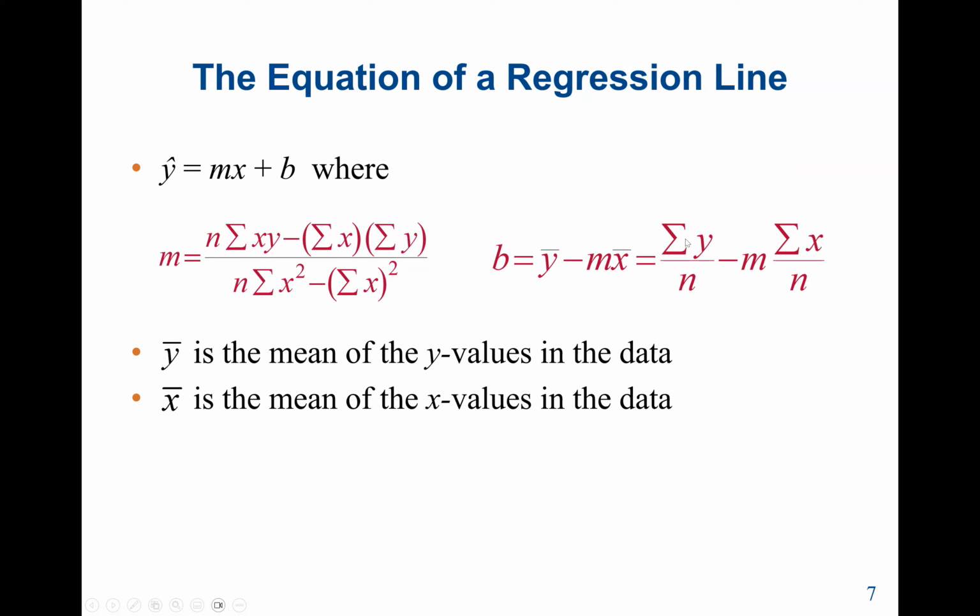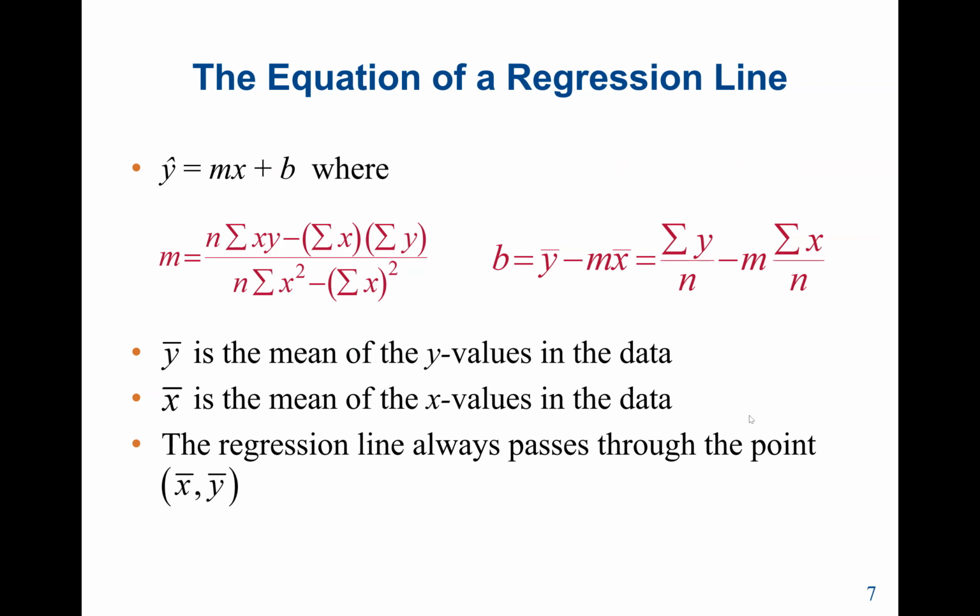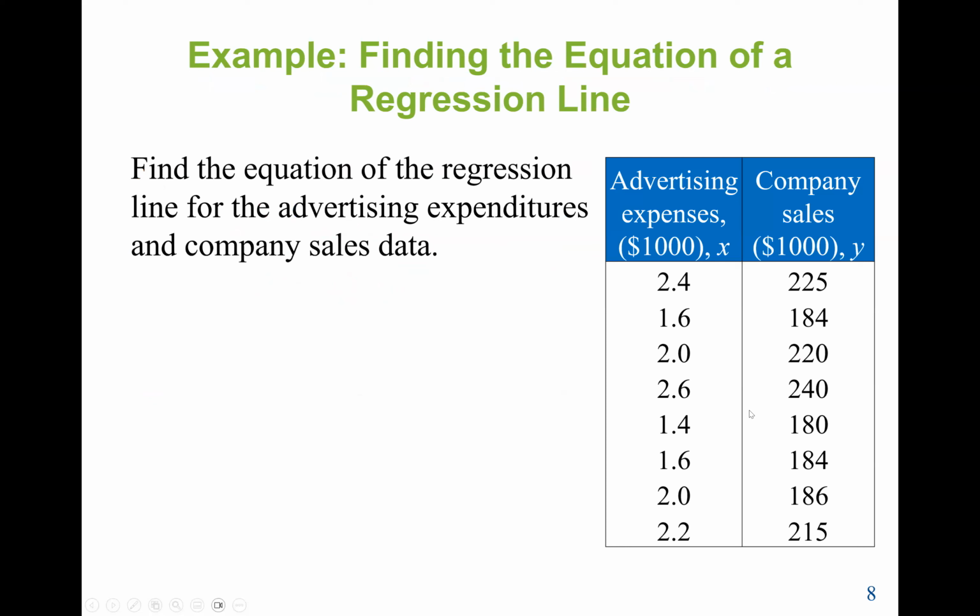The Y average is the sum of Y divided by N, and the X average, X bar, is the sum of X divided by N. So that will give us m and b. Then from there, we can plug in the values. Here we are finding the regression equation manually, but in the future we're going to use Excel or JASP to do it.